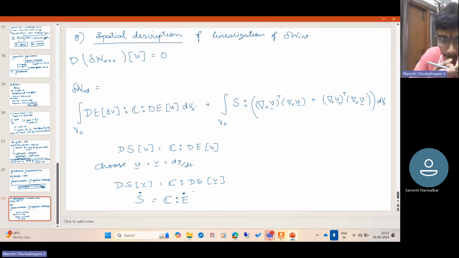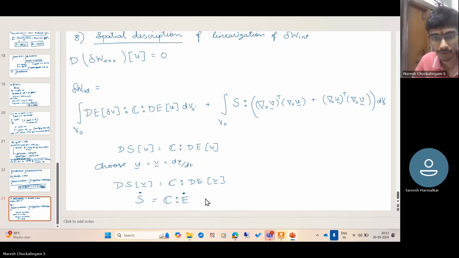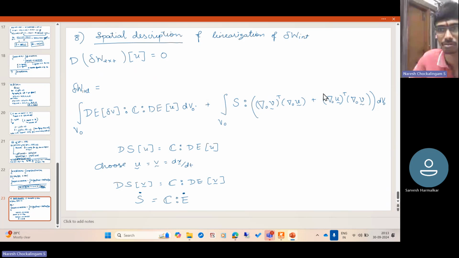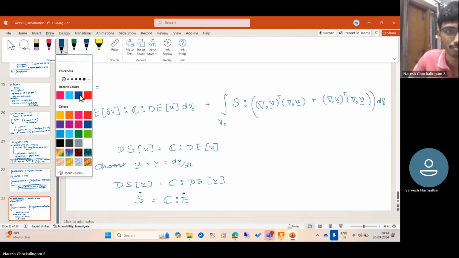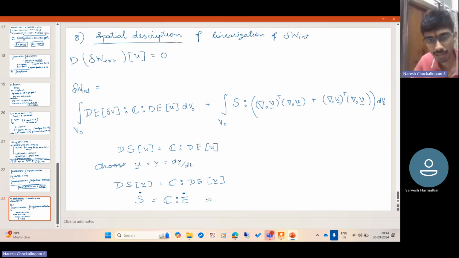Now, this is okay. Next. So this means S_ij dot is equal to C_ijkl E_kl dot.